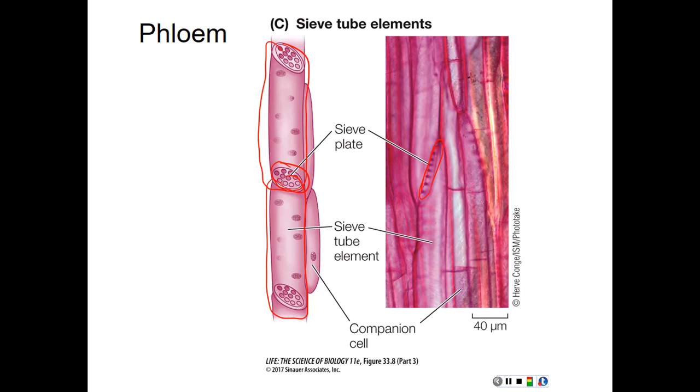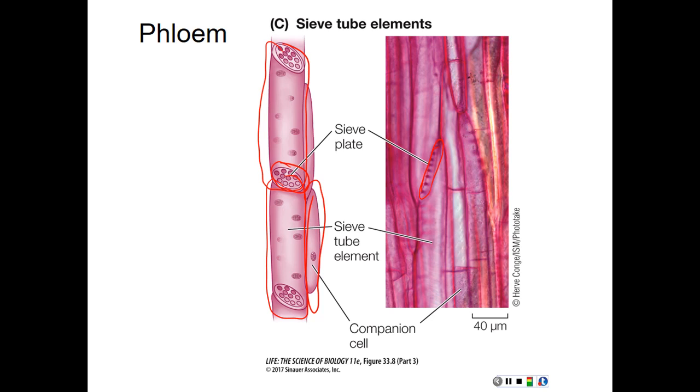The cell has been modified to basically be a hollow tube, so it's lost a lot of its important organelles that would normally allow it to keep living. So the way that it can stay a living cell is that it pairs up with this companion cell, and this companion cell is sort of the life support system for the sieve tube element.